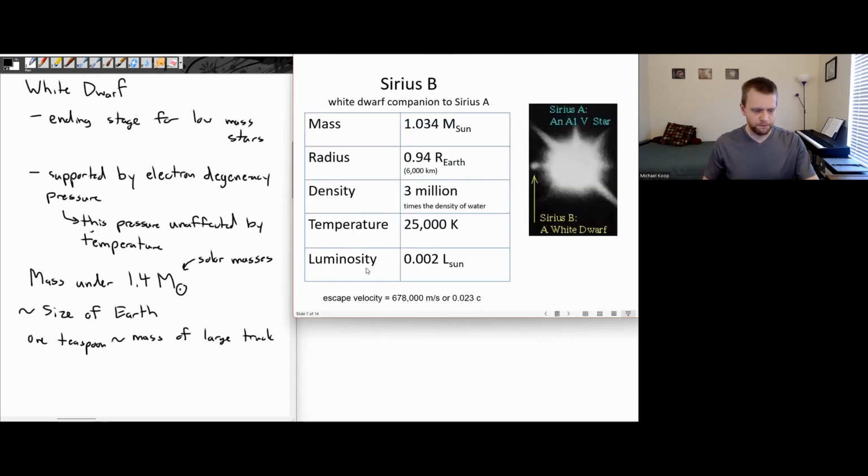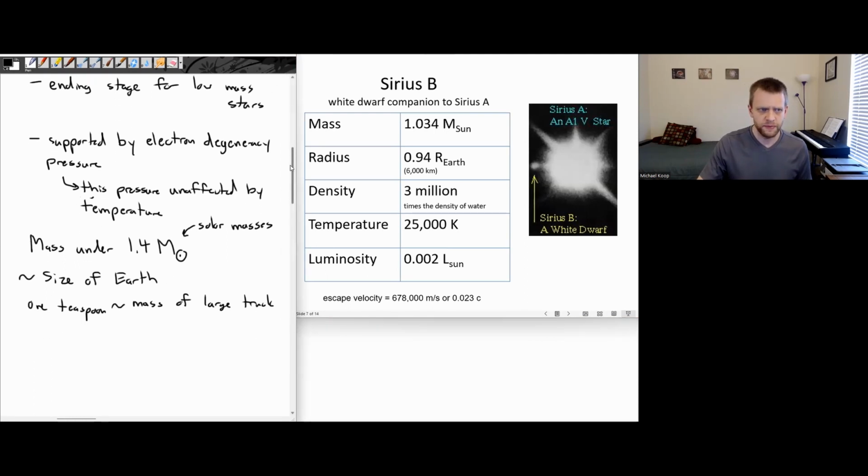And let me just point this out as well. When we talked about our gravitational force equation, the force of gravity is equal to G times the masses that are interacting divided by the distance squared.